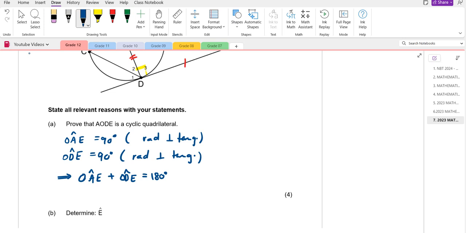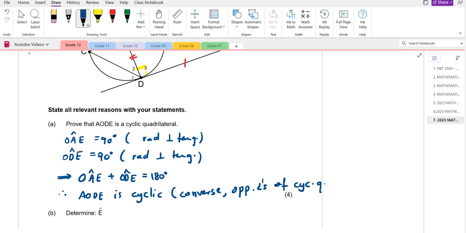Therefore AODE is cyclic, and the reason is converse opposite angles of cyclic quad. Right, converse opposite angles of cyclic quad.